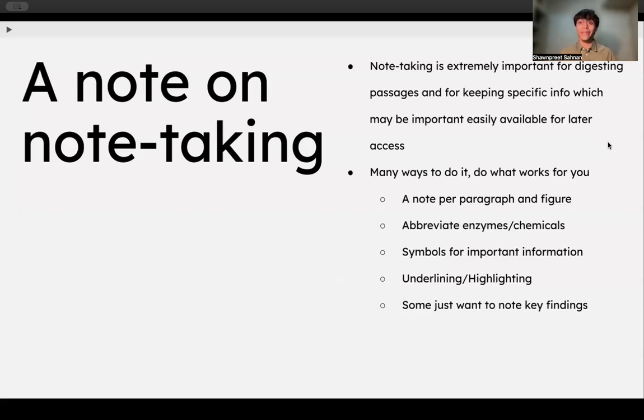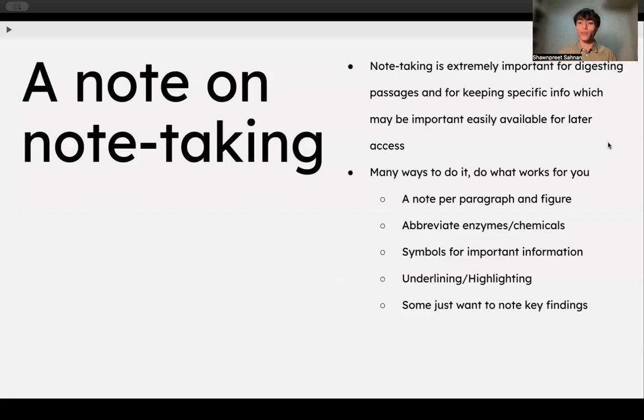That helps people keep ideas organized. Some people like to abbreviate their enzymes and write almost one sentence per passage, and that leaves you a little story. You just get a summary of each paragraph, so you can reference that really easily. You're like, oh, that was from the third paragraph.